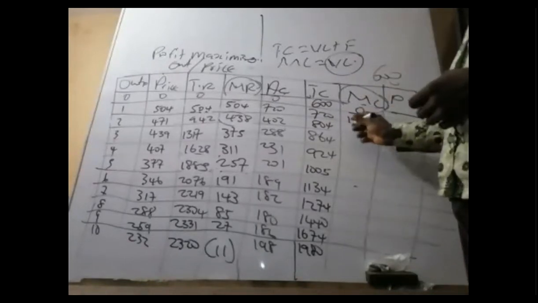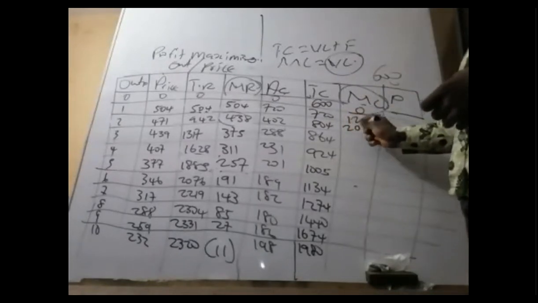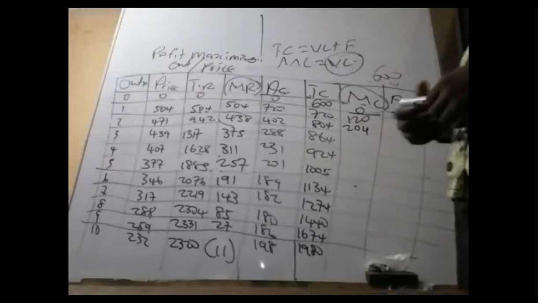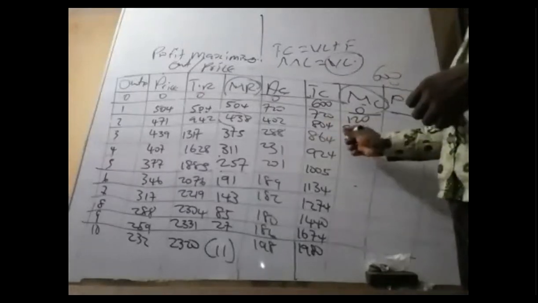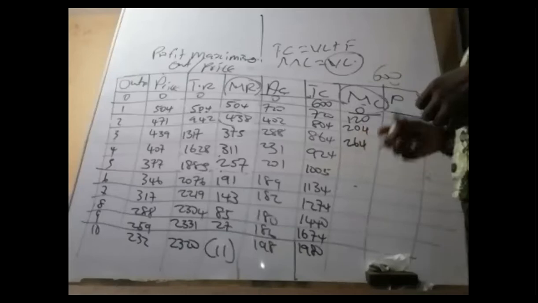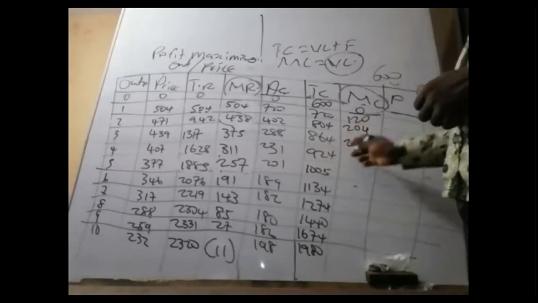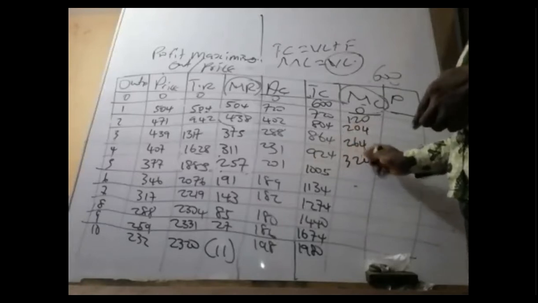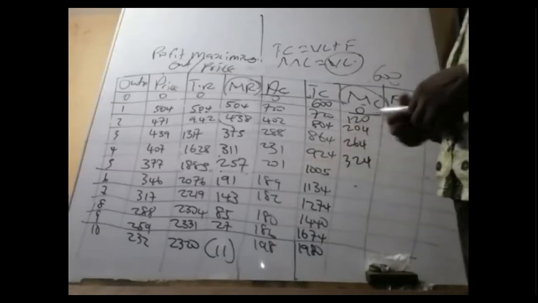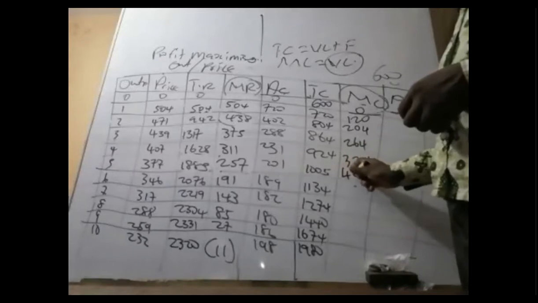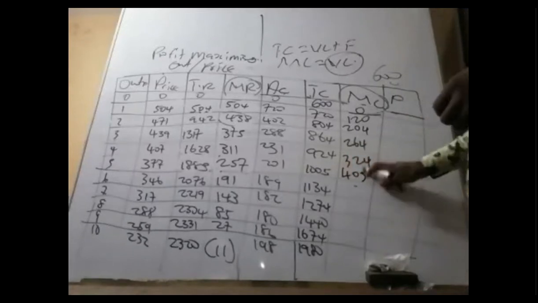804 minus 600 should give us 204. Minus 600, 264. Minus 600, 324. Minus 600, 405.